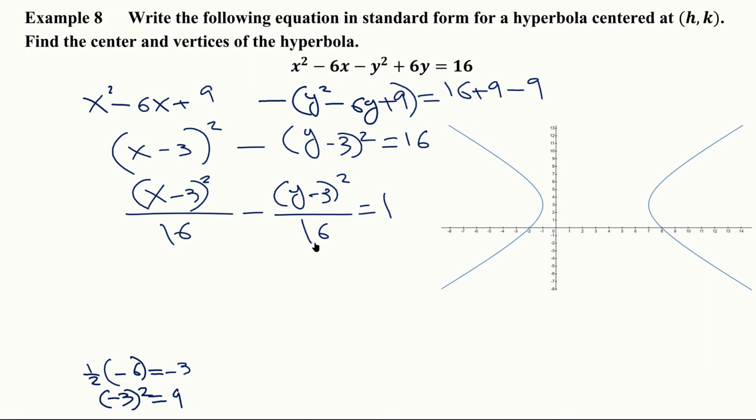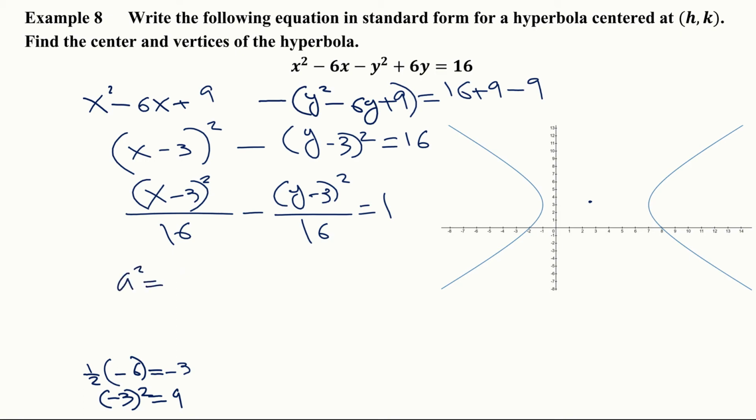This is an example of when I told you A and B may actually end up being equal. So in order to graph it, you would basically locate the center, which is at 3, 3. Then let's see what A is.